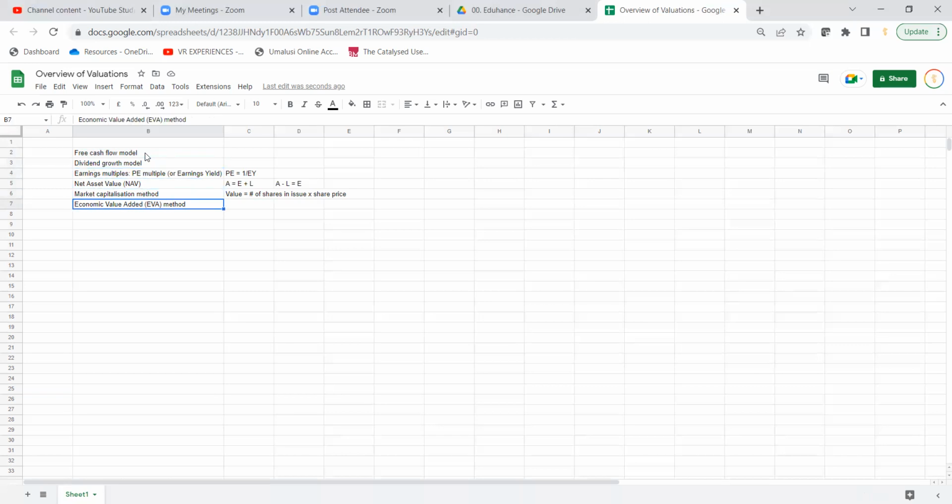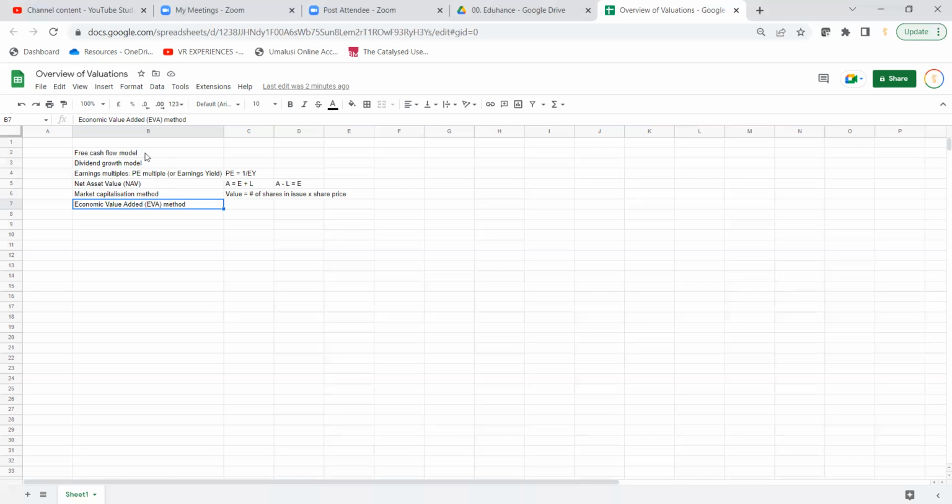There are 7 methods. The top 3, or you can call it 4 as well with earnings yield, you must know inside out. You must be able to do this one. This one is super easy, and you might just be aware of the economic value added method. I don't think it's as important for us, but the world is moving closer to using it. So you can learn it if you want to, but make sure you definitely know the top 3.